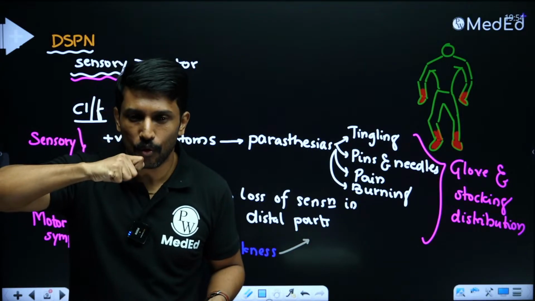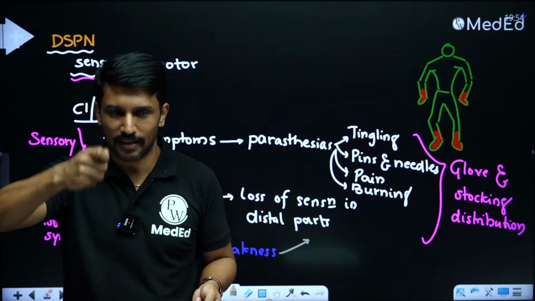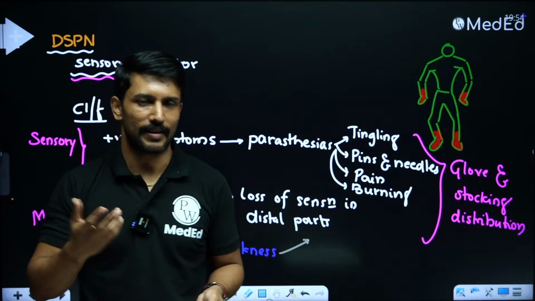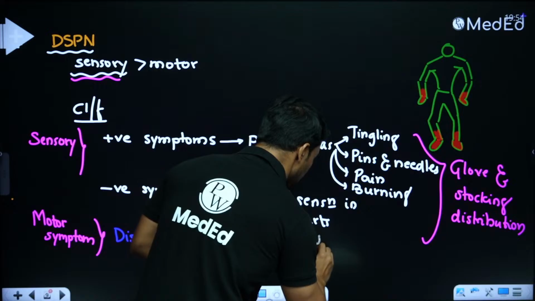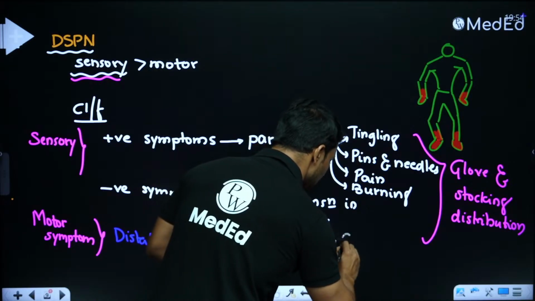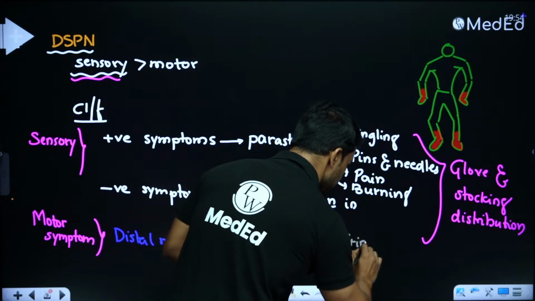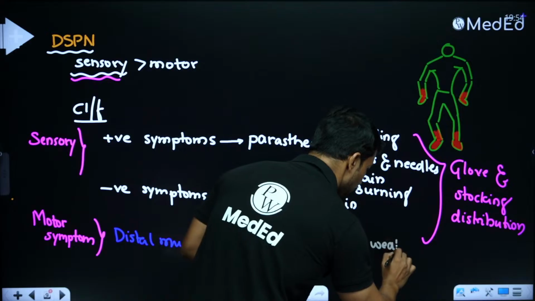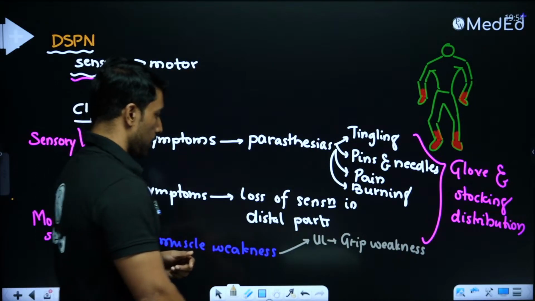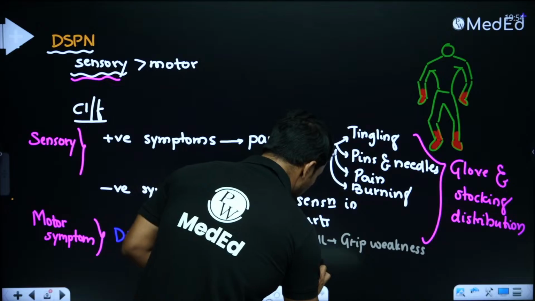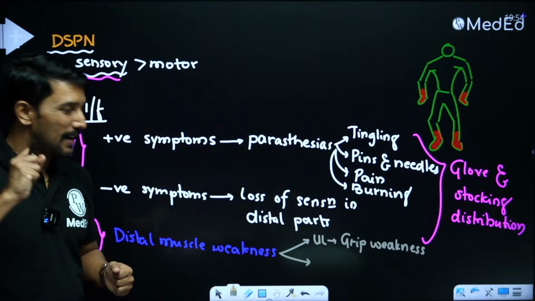So I may not be able to hold the brush. हाथ से brush गिर जाएगा, हाथ से cup गिर जाएगा. So what do we call it? We will call it grip weakness. So the involvement in the upper limb presents with grip weakness.